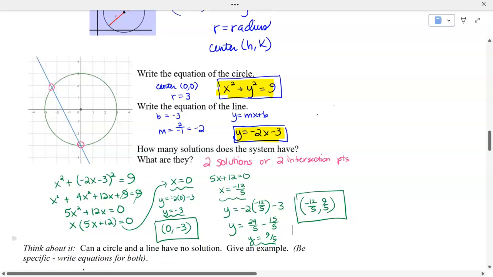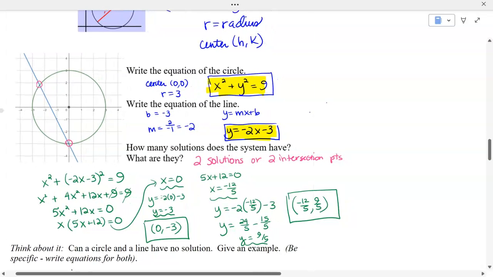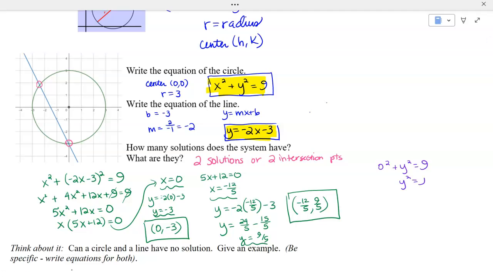Now, one thing I do want to show you: if you had chosen to plug x equals 0 into the circle equation, you would have had 0 squared plus y squared equals 9. And so y squared equals 9, and when you take the square root of both sides, you end up getting y equals plus or minus 3.